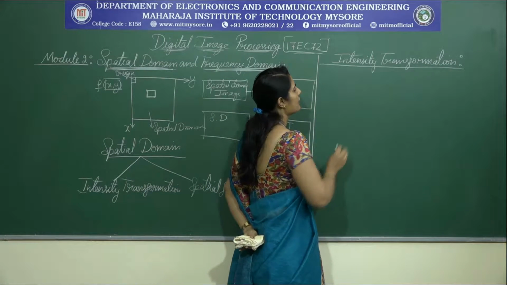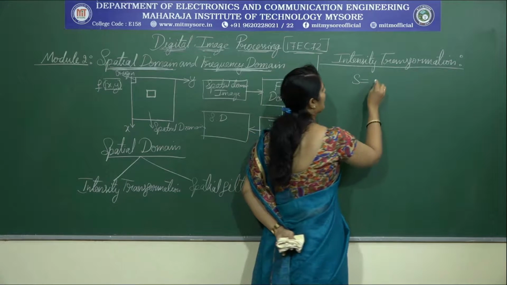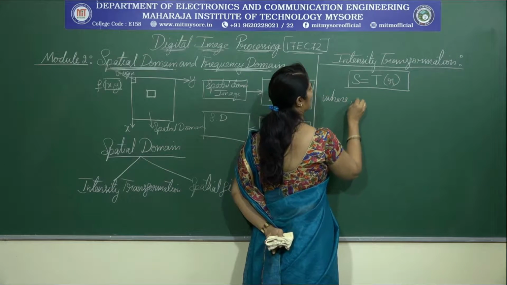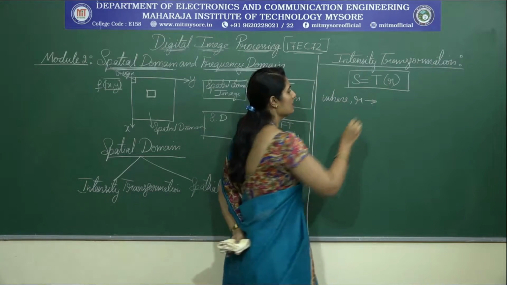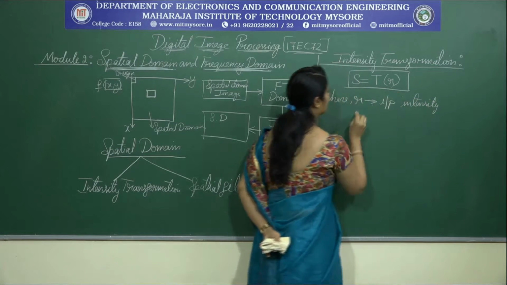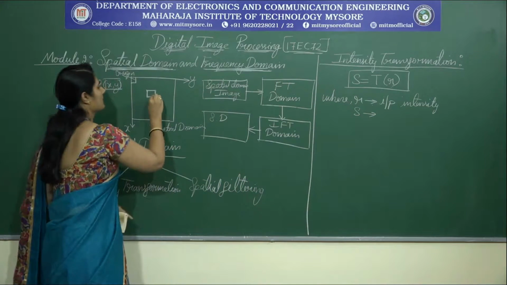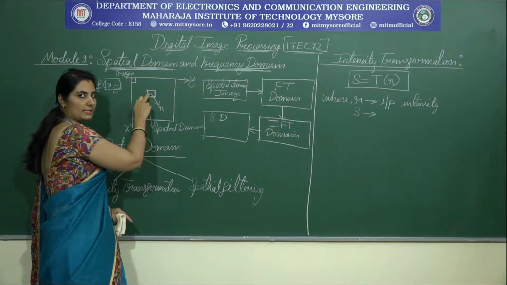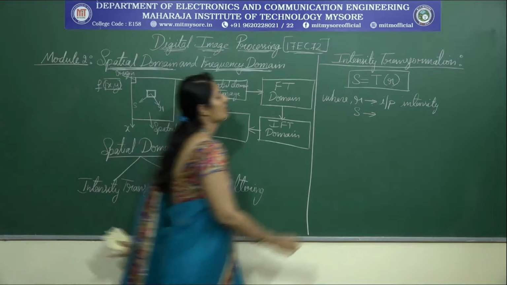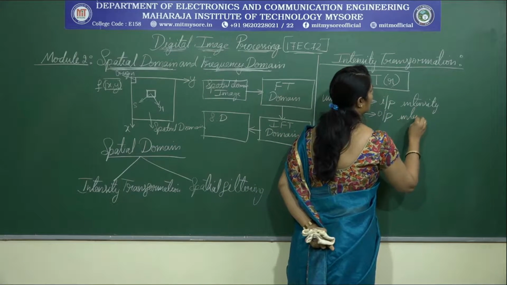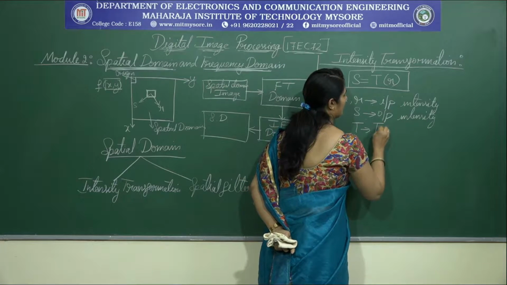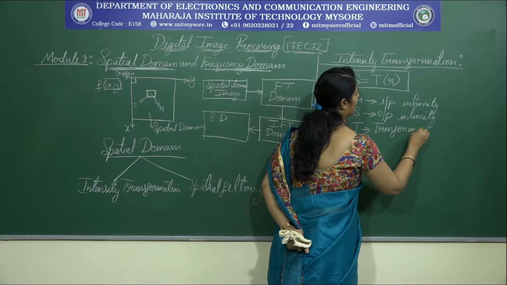For example, this intensity transformation is always represented by an expression s = T(r), where r is the intensity of the pixel before transformation, and s is the intensity of the pixel after transformation. After transformation, it produces the output intensity s, where T is the transform operator.